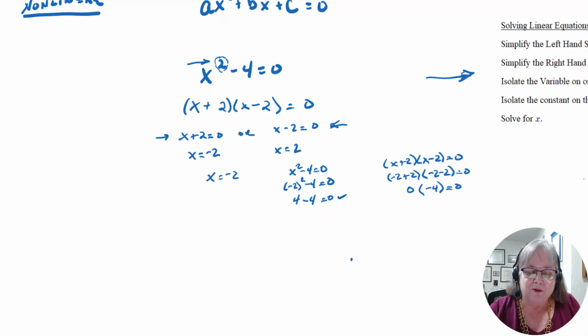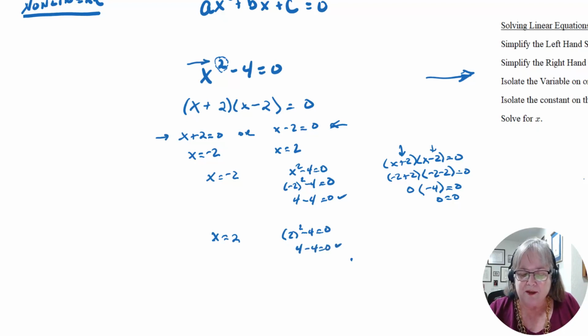So you check one at a time. This one's going to be 0, and this one is not 0. But 0 times anything is 0, so we're good. All right, what if we checked x is 2? If we check it into the original, we would have 2 squared minus 4. Is that 0? And yes, 4 minus 4 is 0. Yep.